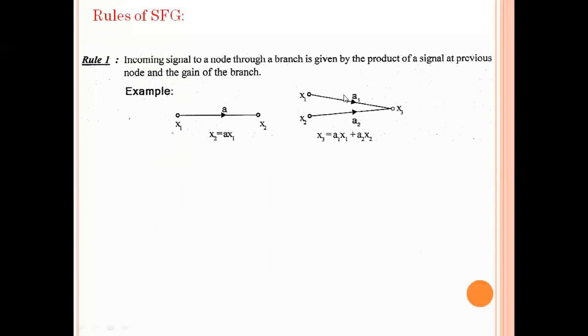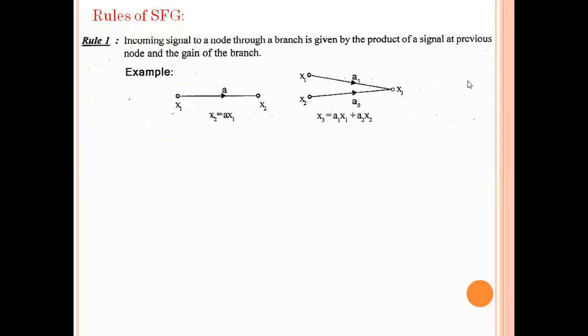So the first rule is, when an incoming signal to a node is coming through some branch, then the node value will be the product of the branch transmittance and the previous node value.